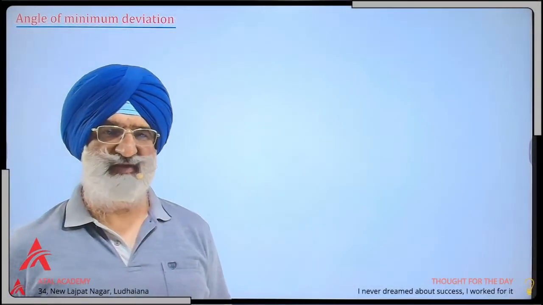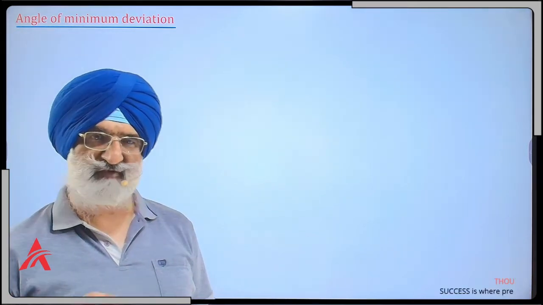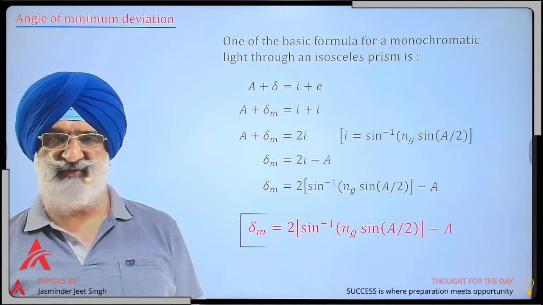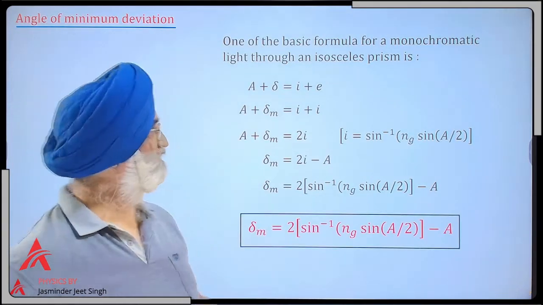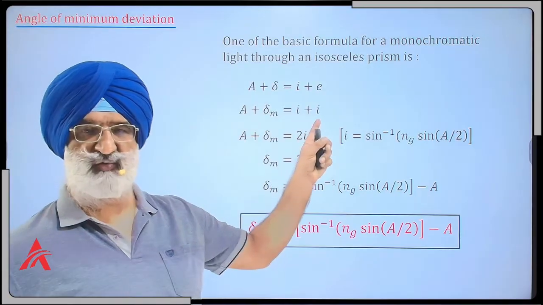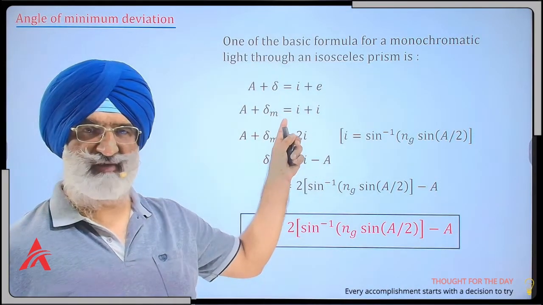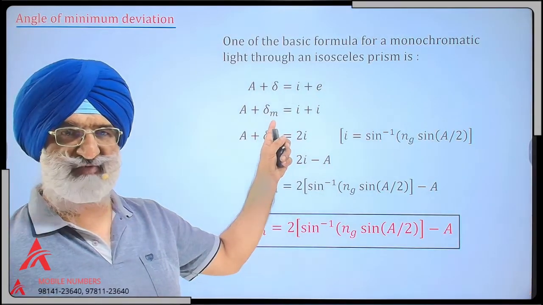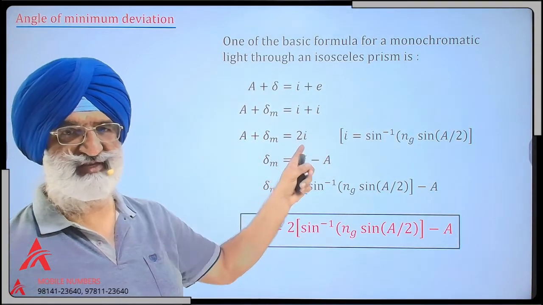We can calculate the angle of minimum deviation when the prism is kept at a position of minimum deviation. We have one simple formula, A plus delta is equal to I plus E. I and E are equal if the angle of deviation is minimum. We can put A plus delta M, which is the angle of minimum deviation, is equal to I plus I, that is 2I.